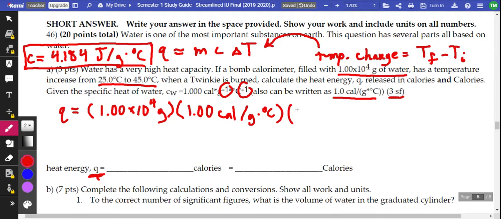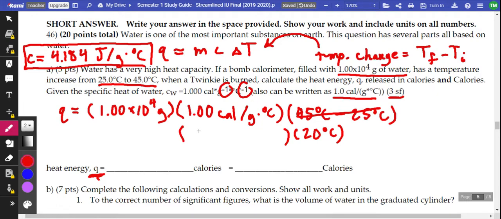And then our change in temperature is 45 degrees Celsius minus 25 degrees Celsius, which is 20.0 degrees C. Then times 1 is just going to be 20.0.